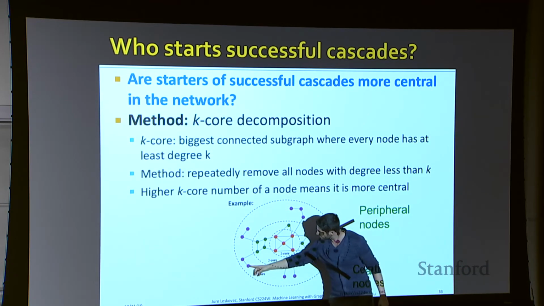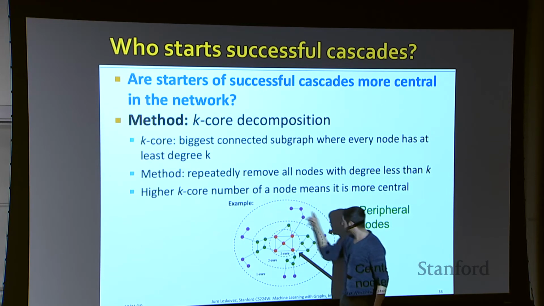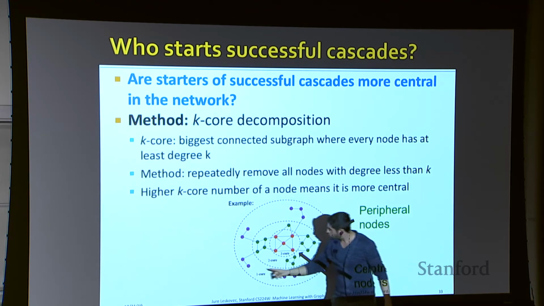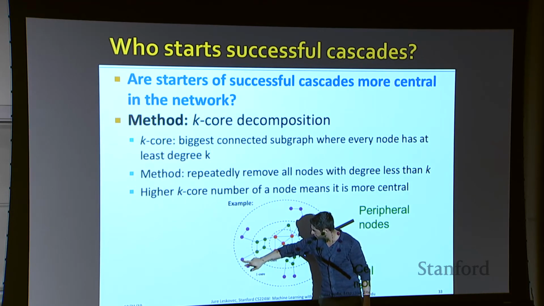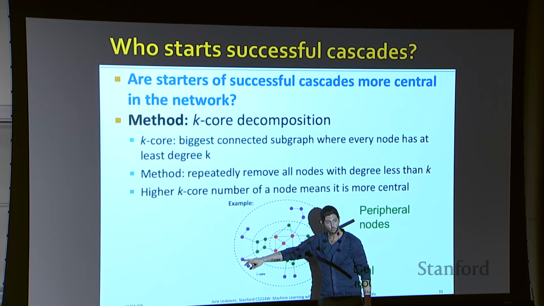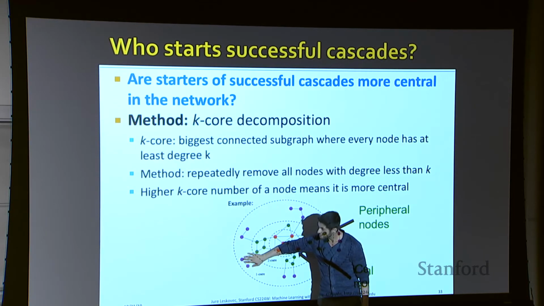So we have all these nodes with degree 1, and we're dropping them. Now, once we drop this node, for example, this purple node that previously had degree 2 goes back to having degree equal to 1. So that's why this node is still part of the 1-core.